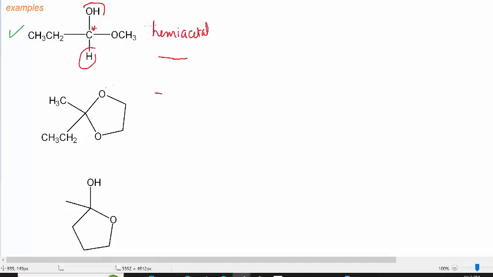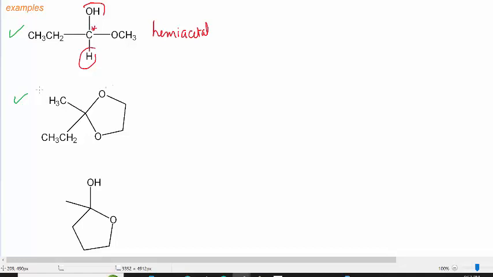All right, let's look at the next example. All right, find the central carbon.